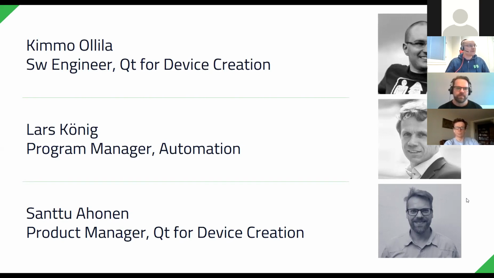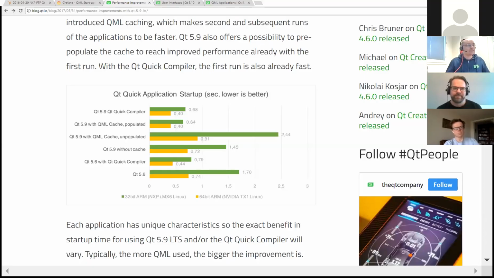I actually found a blog post. I think I can share the screen. There is actually a blog post on it, which is fairly good statistics, right? Not really. So this is frame buffer devices on QML, but if you look at the compiled QML, are you able to see this now?